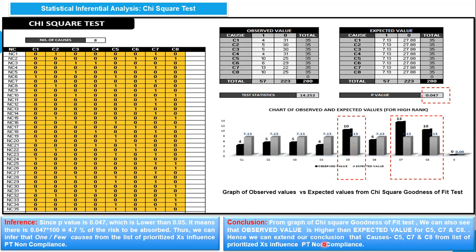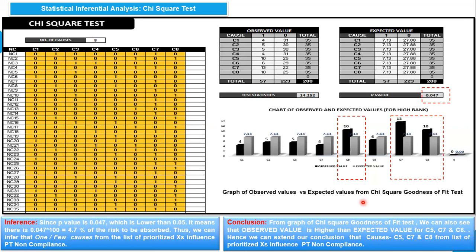Hence, we can extend our conclusion that causes C5, C7, and C8 from the list of critically prioritized excess influence PT non-compliance statistically. In other words, C5, C7, and C8 are statistically significant excess. That's what we have found through this chi-square testing.